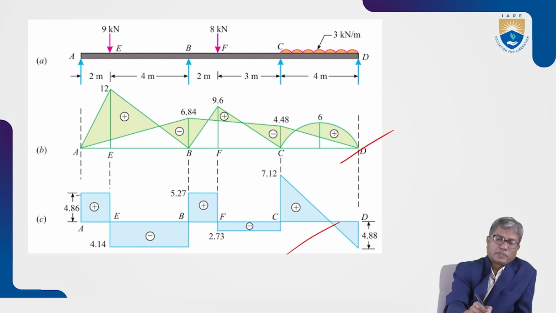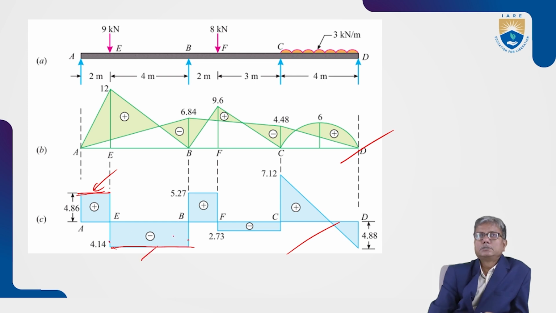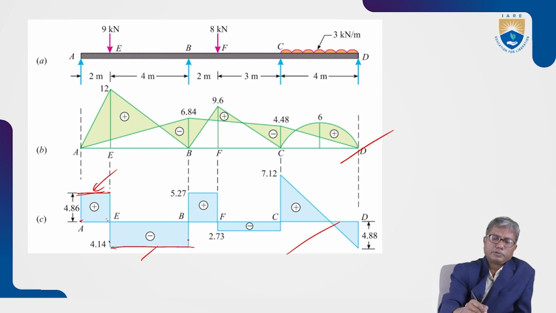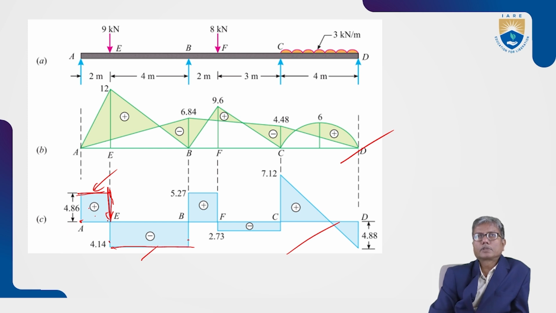This flat portion in the shear force diagram shows that the shear force is constant between E and B, meaning there is no load between E and B. Similarly, there is no load between A and E. We have a point load at E and no other load in AB, in portions AE and EB.